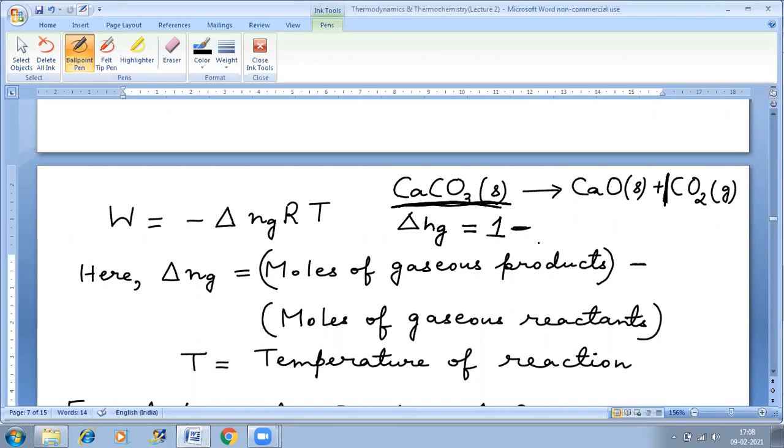After minus, I am supposed to look at the reactants. But there is no gaseous reactant present here. So I will not look at anything. So it is 1 minus 0 and hence delta Ng is 1. So I'm supposed to look at only the gases.